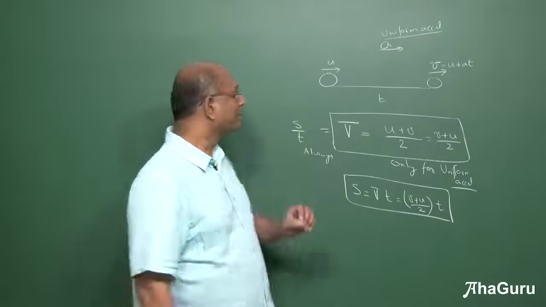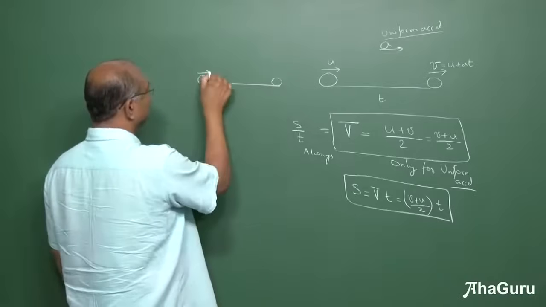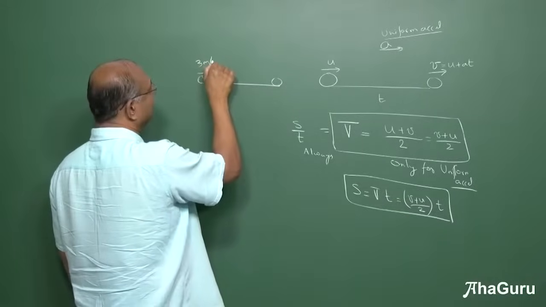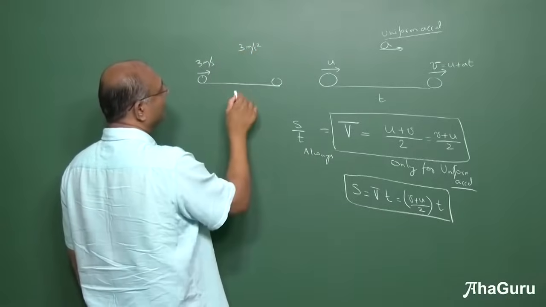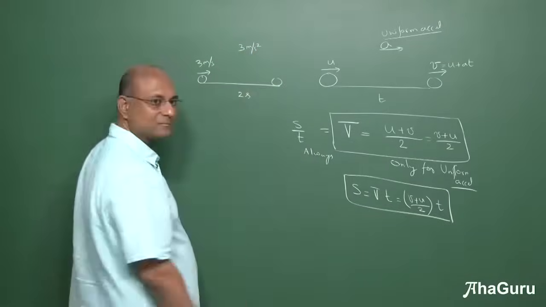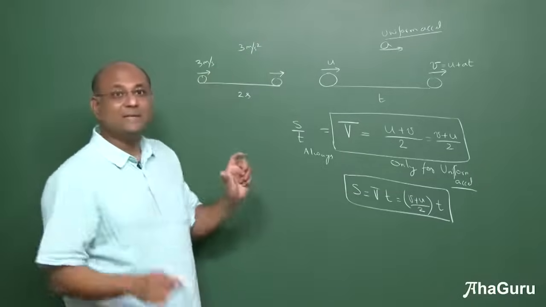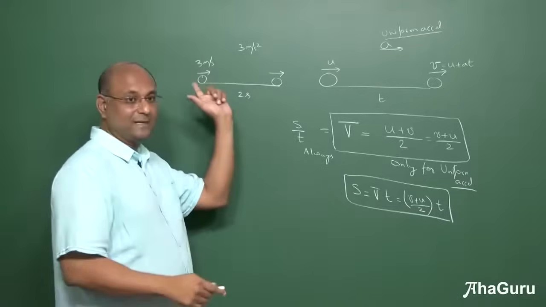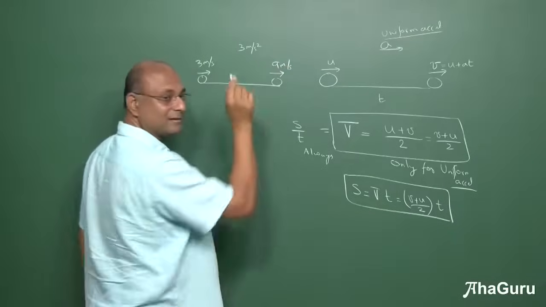Let us take an example. Suppose there is an object which was moving at 3 meters per second and has an acceleration of 3 meters per second square for 2 seconds. What is its final velocity? 6 plus 3, 9. So this is 9 meters per second.